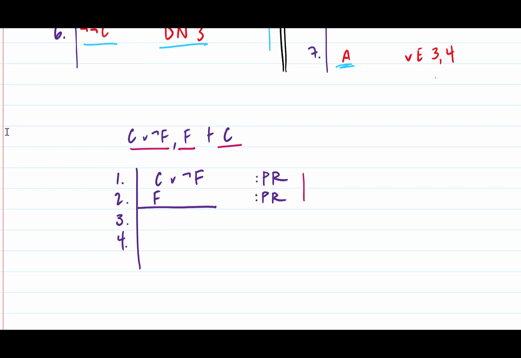Okay, now the idea for a proof is that we're assuming what's on every line of the proof is true. So we're assuming that our premises are true, and then as long as we use the rules correctly, what we end up with on every subsequent line of the proof down here is also going to be true.